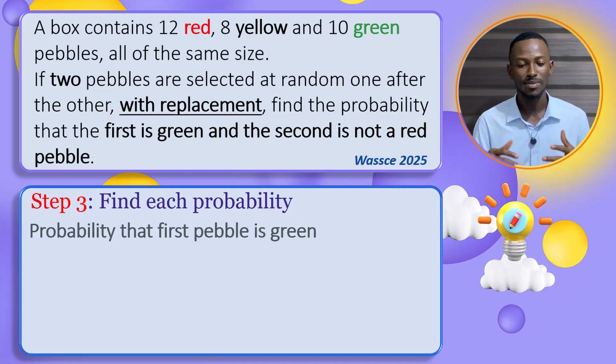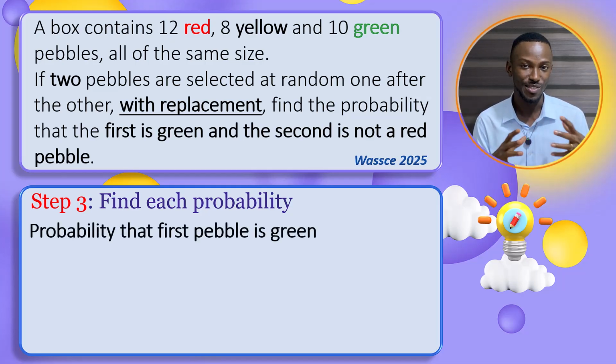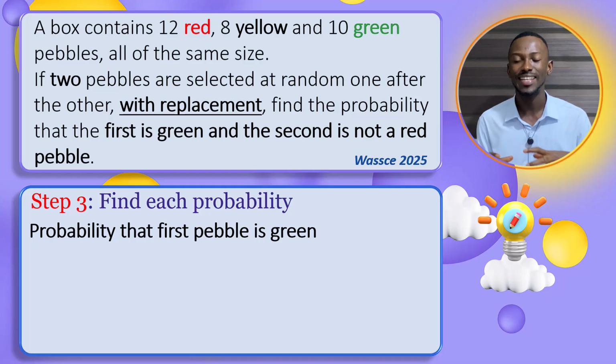So the first probability we need to find according to this question is the probability that the first pebble is green. You see the question where we are to find the first pebble being green and the second not red. So let's find the first part of the probability, that the first pebble is green.